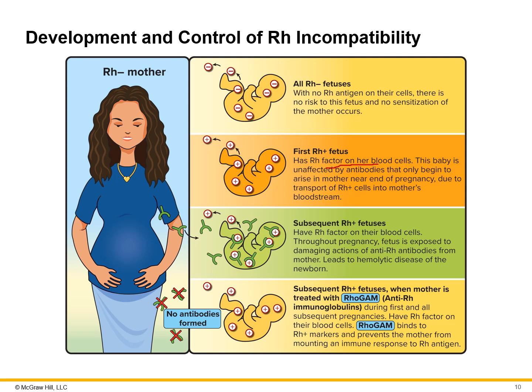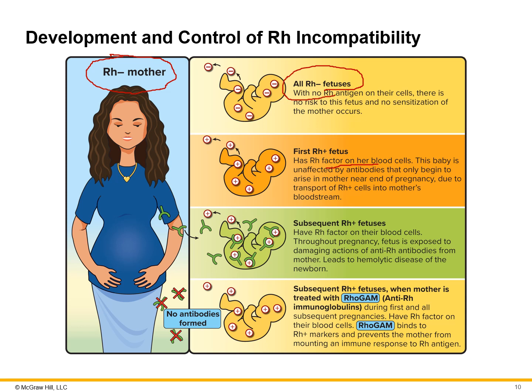Now, what this picture here is showing is this can happen sometimes during pregnancy. So moms who are RH negative, if their fetuses are also RH negative, then there's no problem.